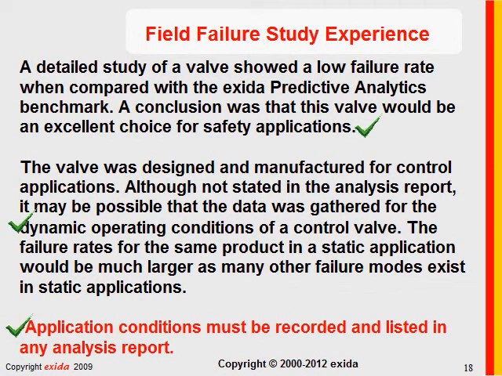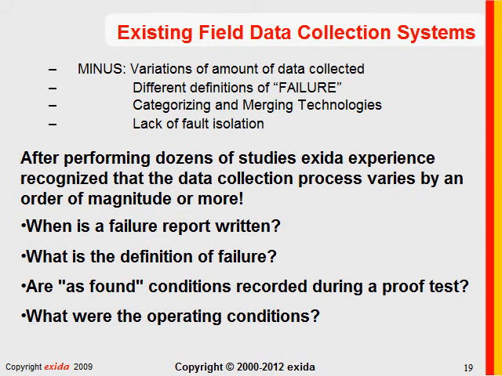So, after many years of reviewing field failure data sets, many of the things that are important to a field data collection system became apparent. It's very important that anyone who analyzes data thoroughly understand when a failure report is written.